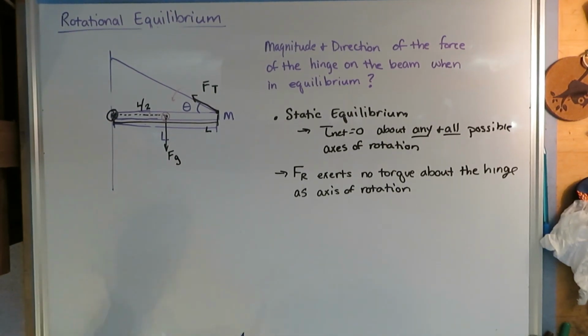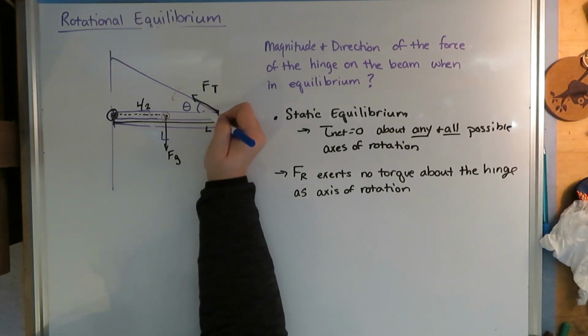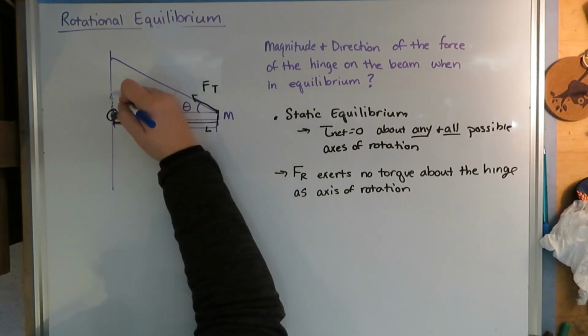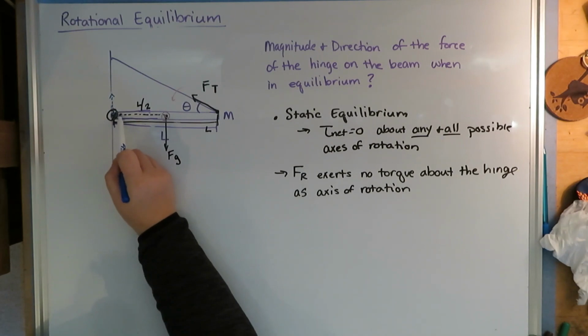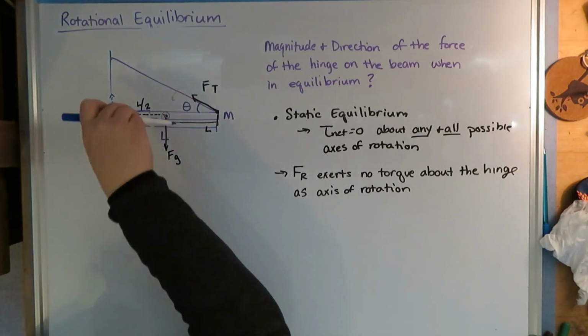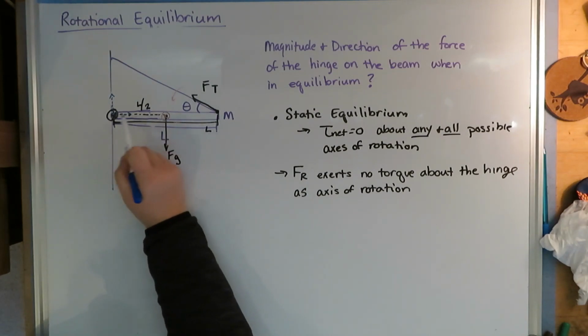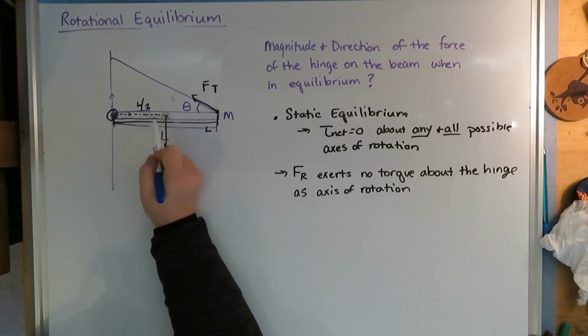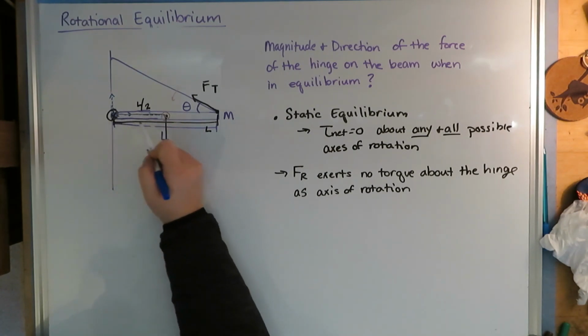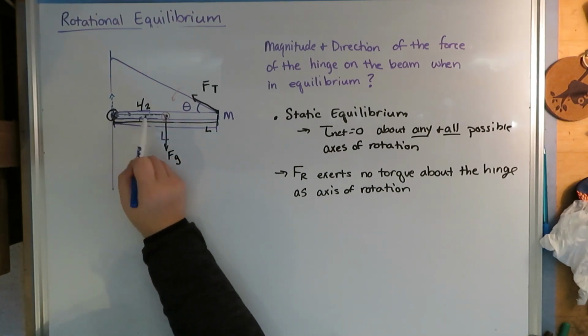Well, it for sure would have to have a component basically up, because if it had a component just horizontal, sideways, then that would be parallel to the lever arm, which would be this location right here. So the lever arm would be here. So that would be parallel.